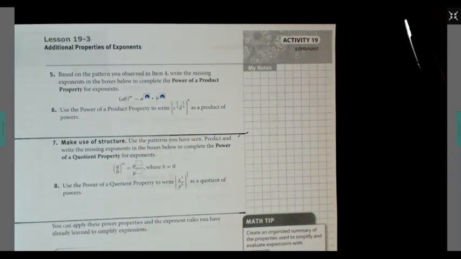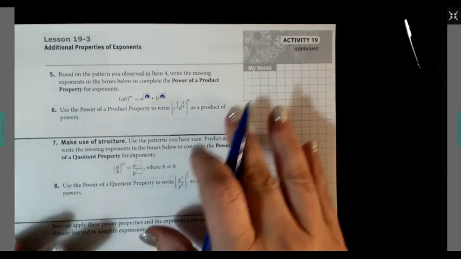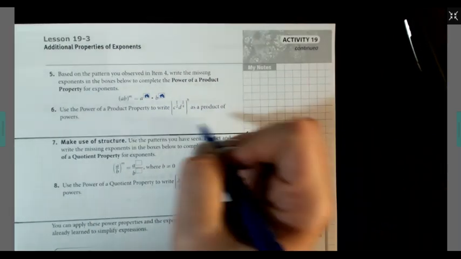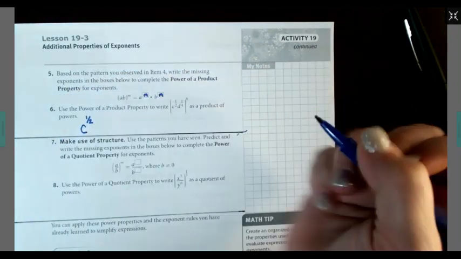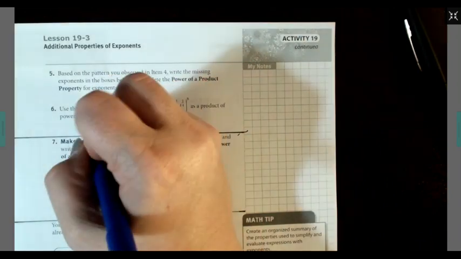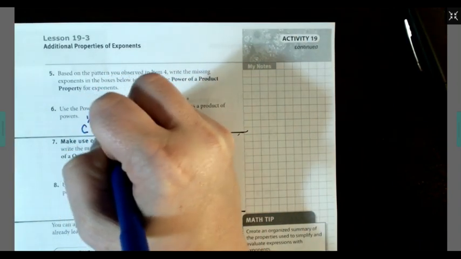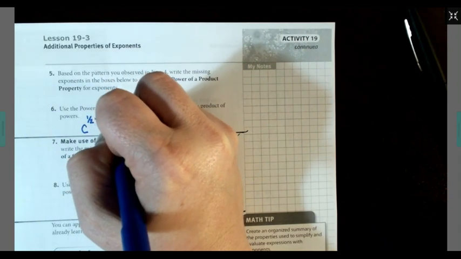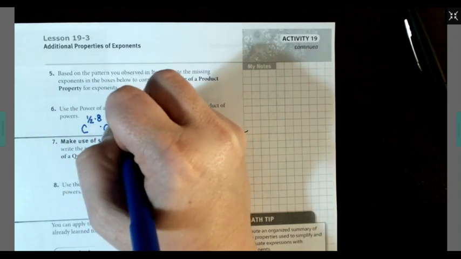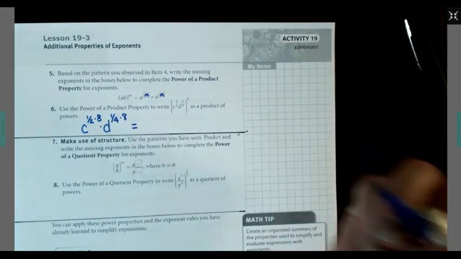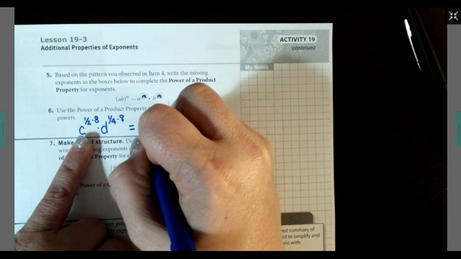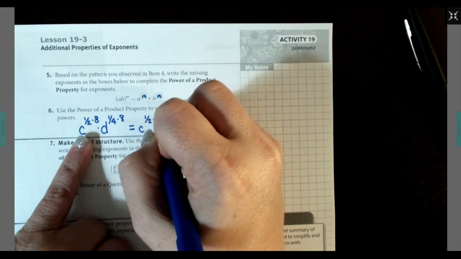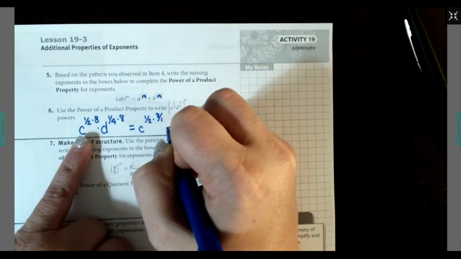Remember, if it's a power to a power, you multiply. So we have c to the 1/2, and we're going to multiply it by our exponent on the outside, 8. Then we've got d to the 1/4 times 8. Well, we can rewrite this as c to the (1/2 times 8/1).